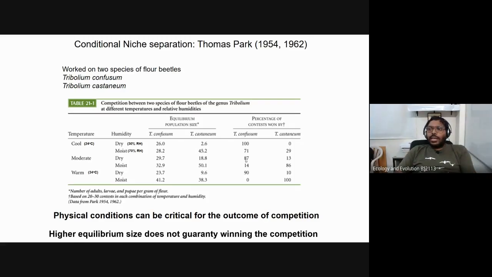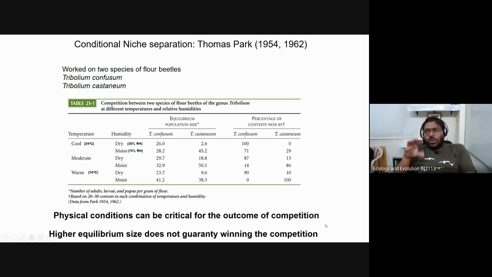If you have taken a slightly larger spatial scale where there are multiple conditions, then it will look as if these two species are coexisting. If you didn't know that the underlying conditions are actually different, then it will look as if these two species are coexisting in that area. However, if you drilled in a bit more, if you went finer, and you were actually able to identify that zone where the heterogeneity of condition did not lie, then you will see something closer to this 100-0 or a 0-100 case.